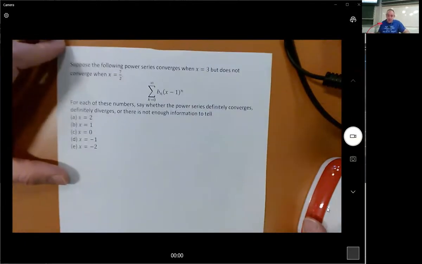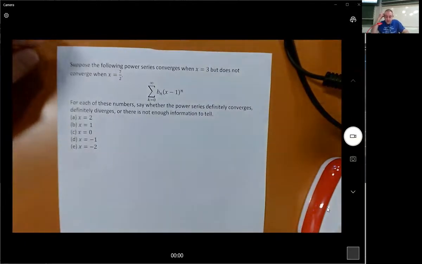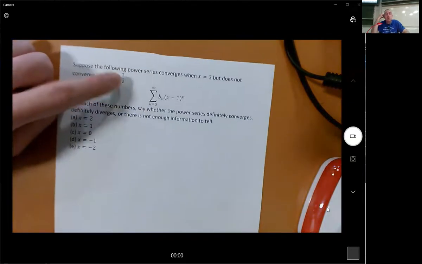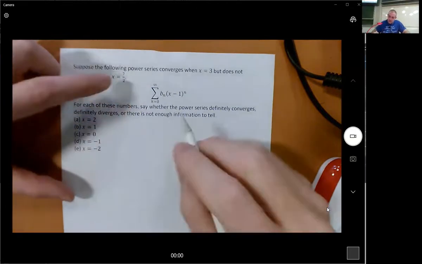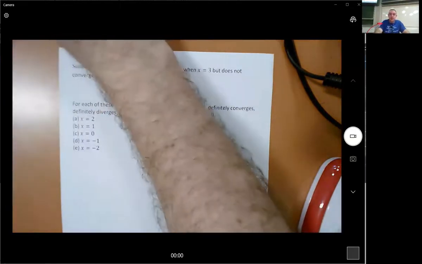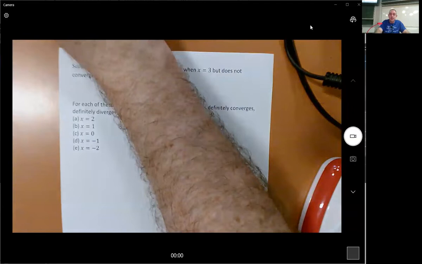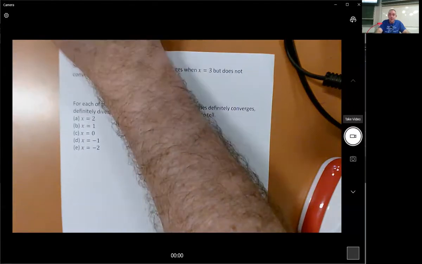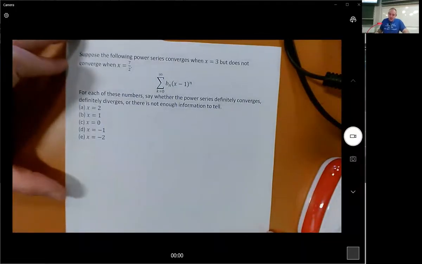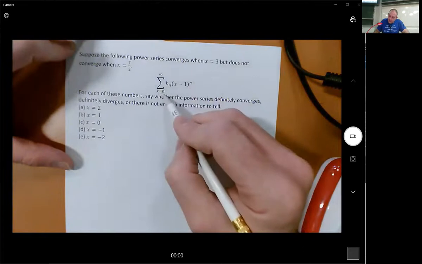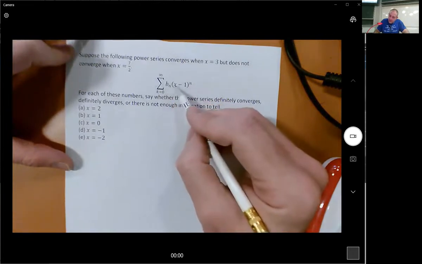Suppose the following power series converges when x equals 3, but does not converge when x equals 7 over 2. 7 over 2 is 3.5. Okay, we've got the sum when k equals 0 to infinity of b_k times x minus 1 to the k.